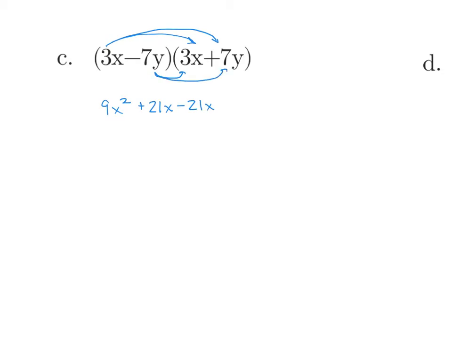And lasts, we get minus 49y squared. Sorry, we should have y's on all of these. When we combine our like terms, our 21xy's cancel, and we are left with 9x squared minus 49y squared.